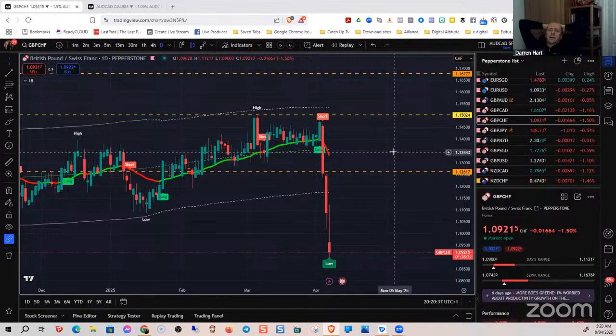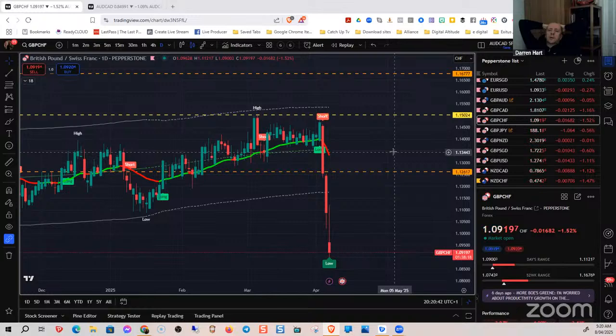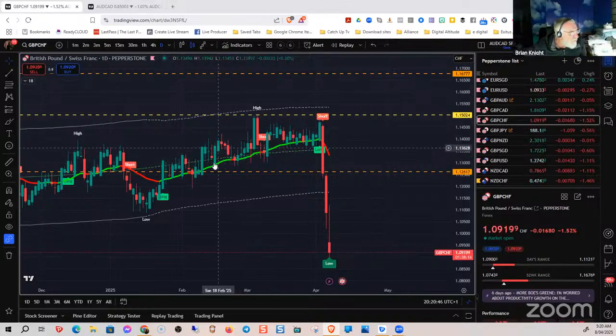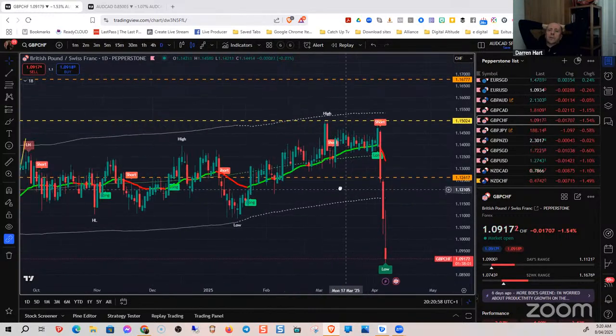Yeah, no. You get a little push up and a pull back and out, push up, pull back and out. And then two candles back, it turned green there, so you go up.